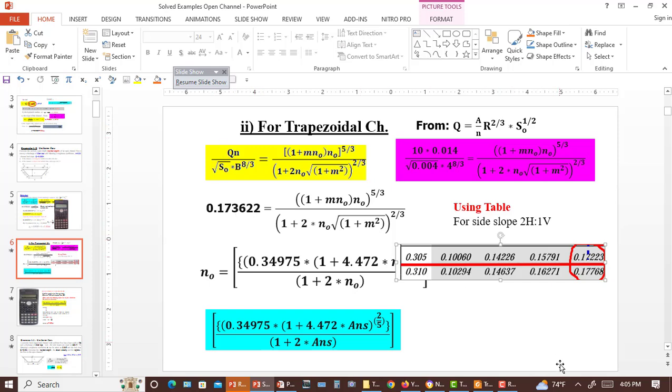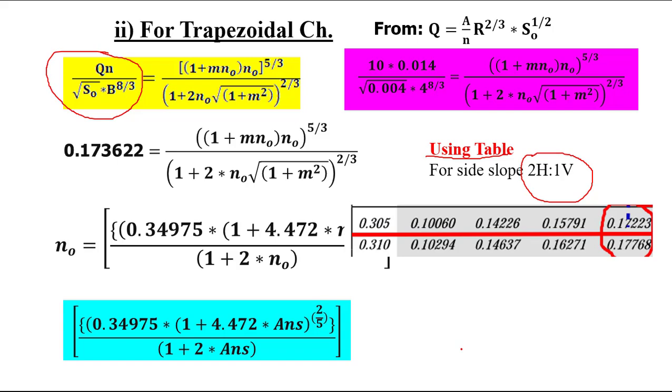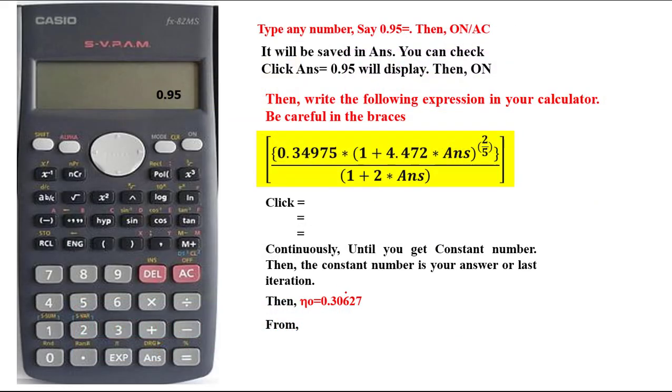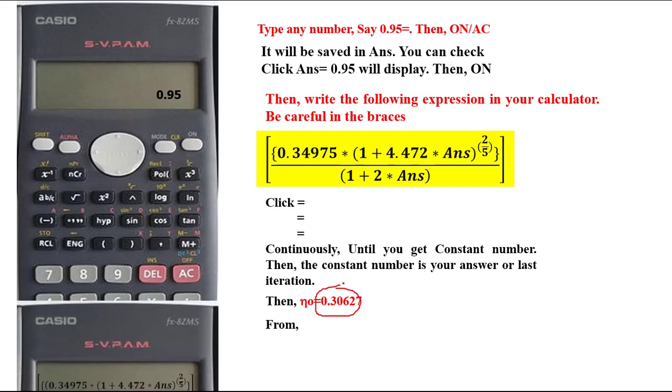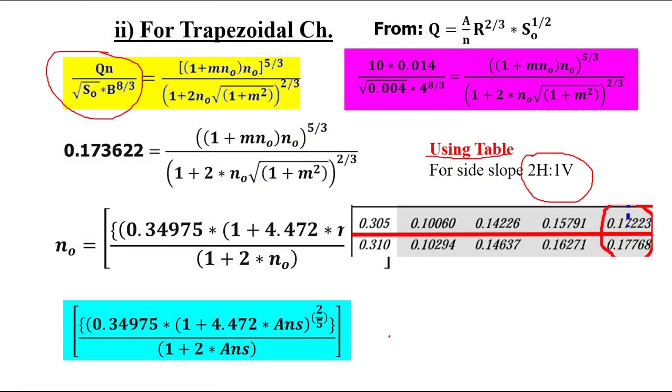Then finally, you can find this result, which I think N naught will be 0.0627. Once you find N naught, then you can read the normal depth. So the normal depth will be this one. Either table or iteration, you can follow one of them.